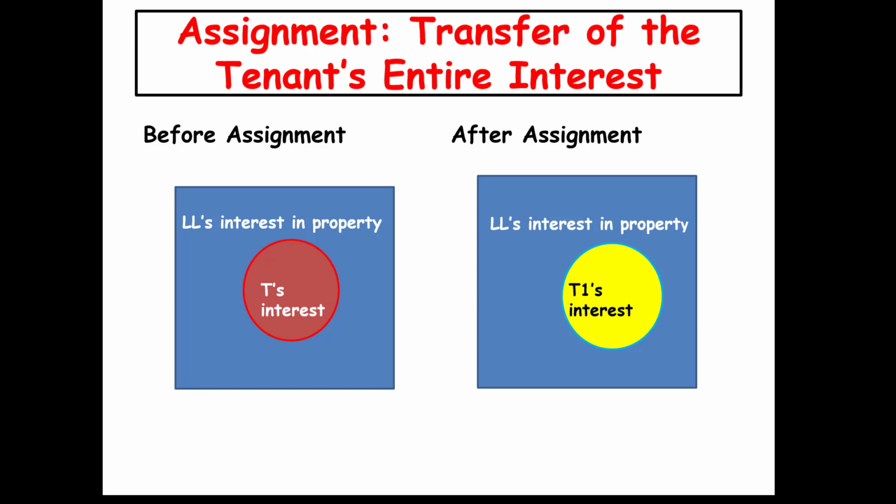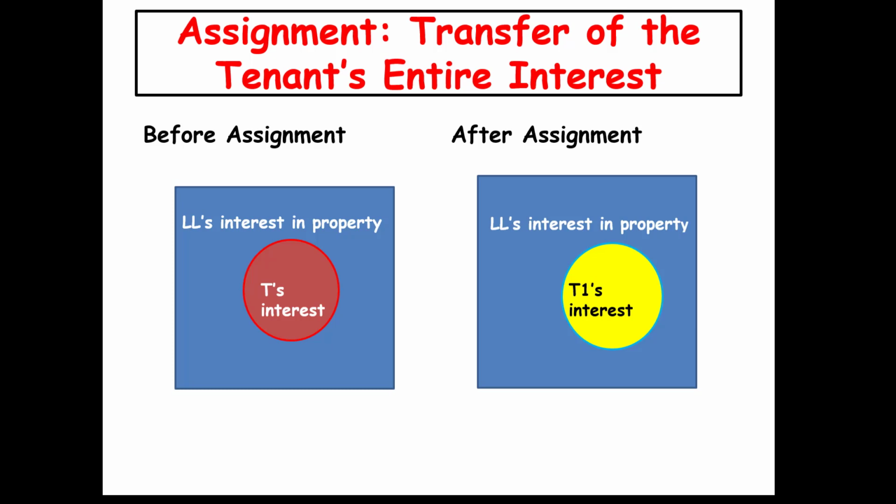Ordinary situation. This fact of the landlord carving out a leasehold interest and conveying it to the tenant creates privity of estate between the landlord and the tenant. As I'm representing it graphically here, privity of estate is where the interests drawn on the Venn diagram touch each other.